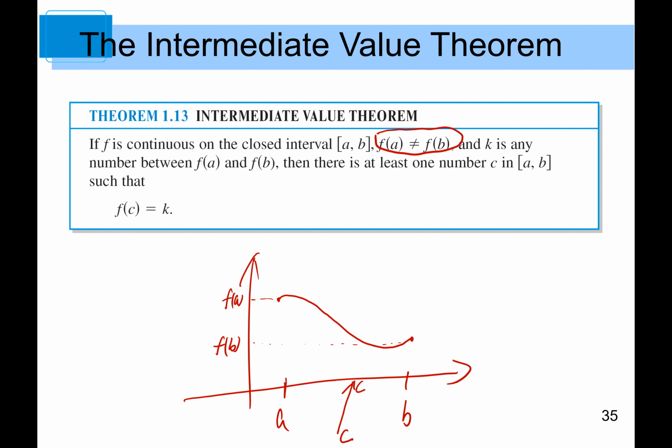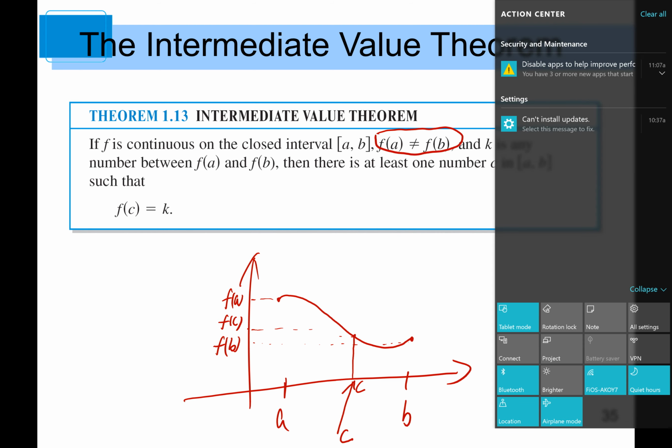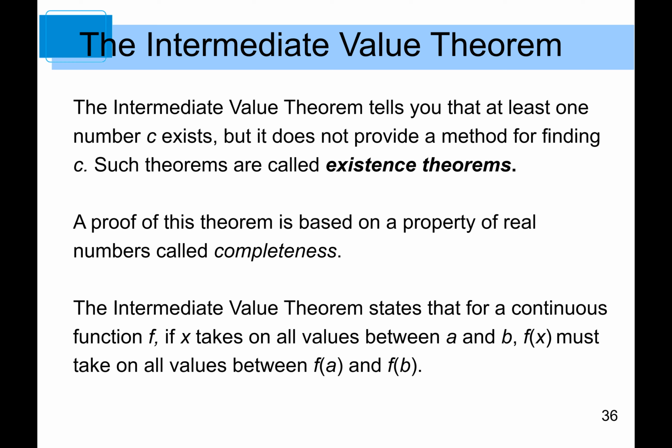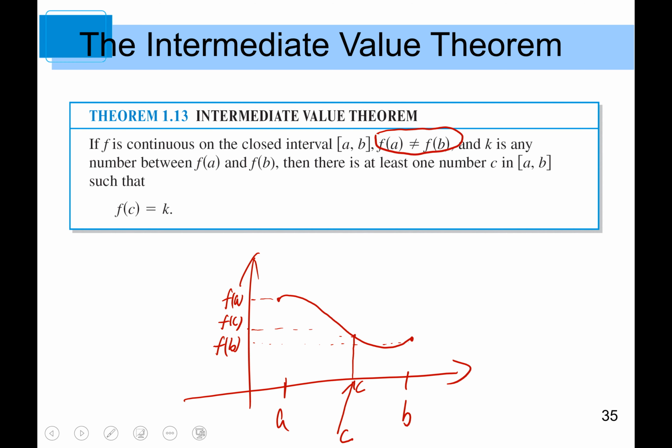We know that f(c), which is right here, is between them. Since c is greater than a and less than b, then f(c) is greater than f(b) and less than f(a).